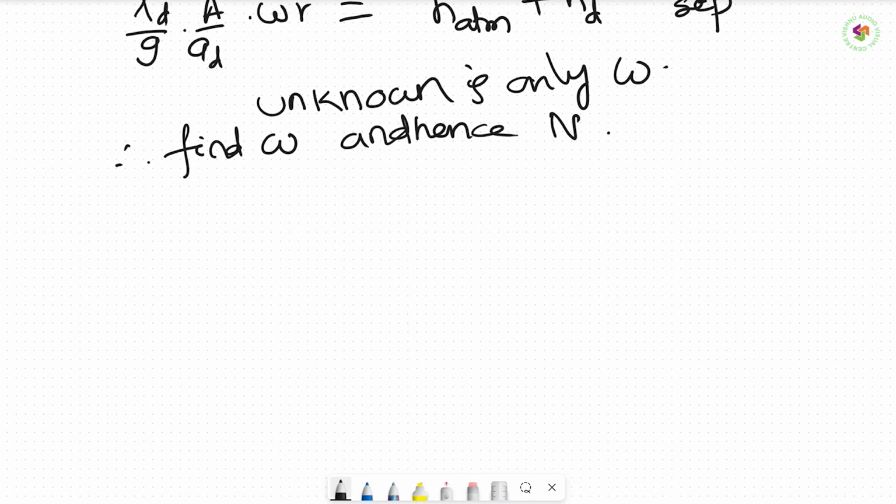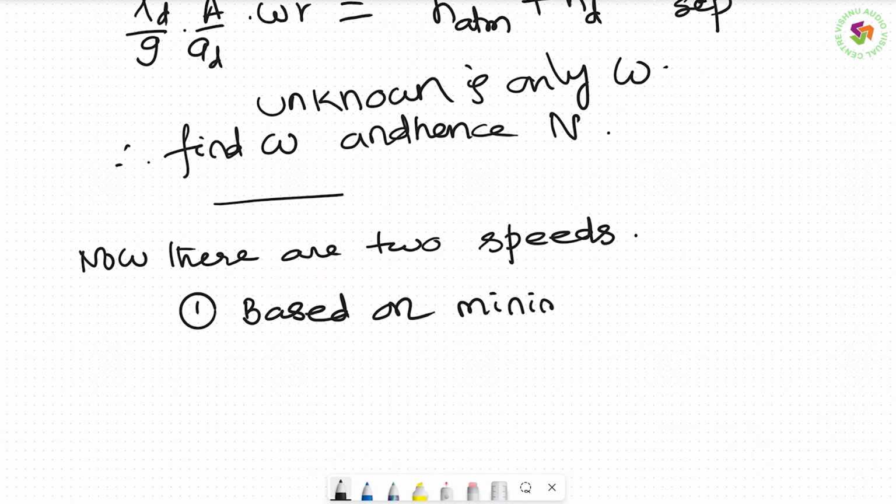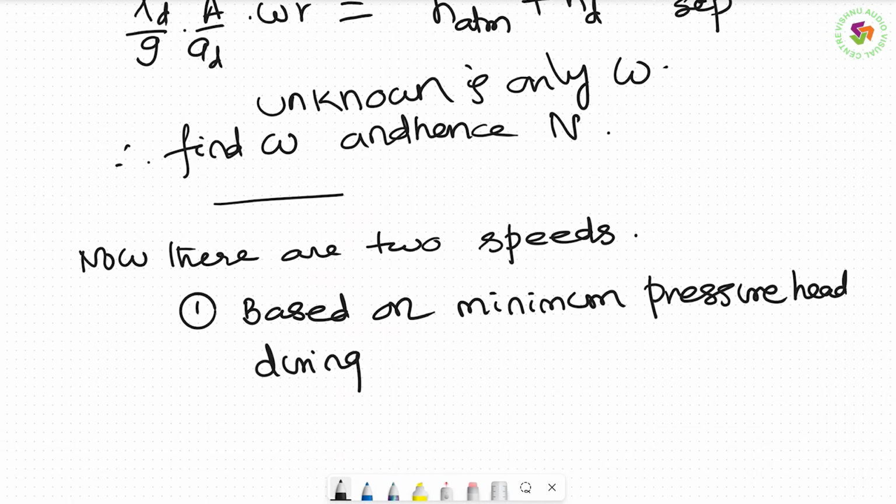So if you see overall now, there are two speeds. One is calculated based on minimum pressure during suction stroke.